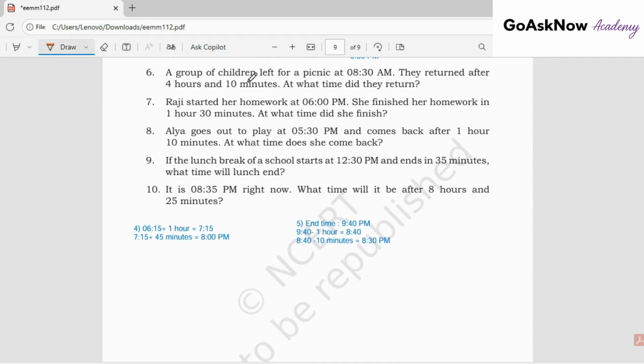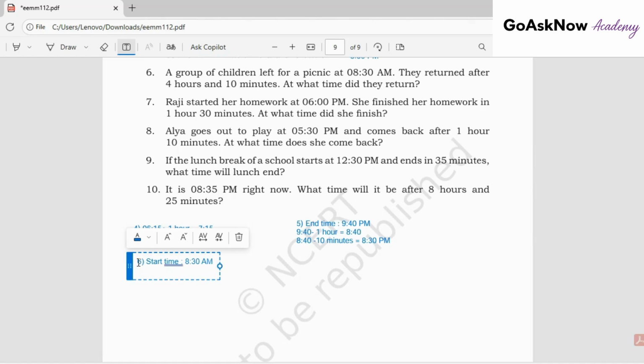Next, sixth question. A group of children left for a picnic at 8:30 a.m. They returned after 4 hours and 10 minutes. At what time did they return? Let us calculate this one. The start time is 8:30 a.m. Now we have to add 4 hours 10 minutes.